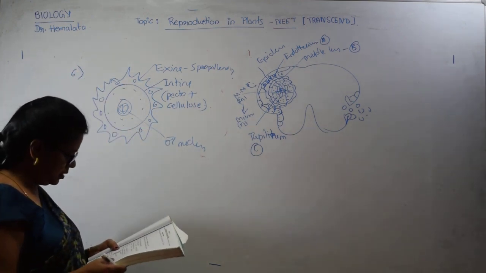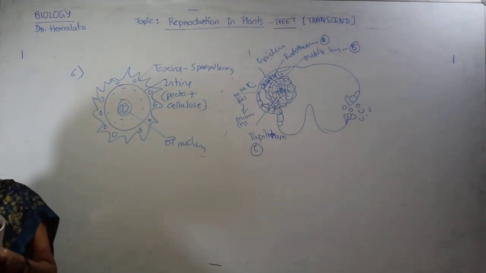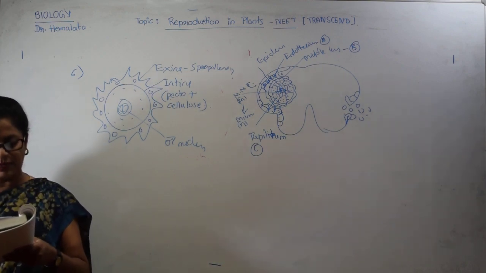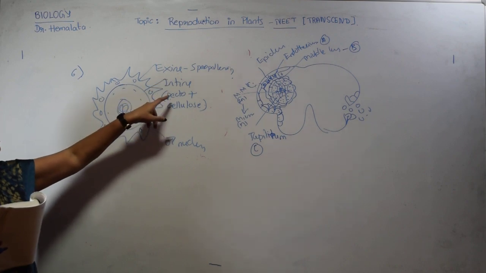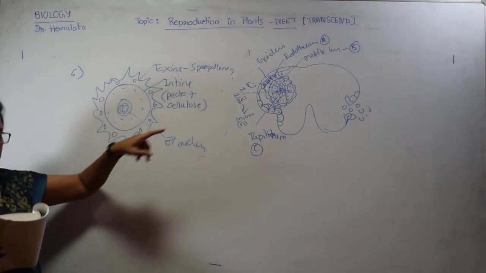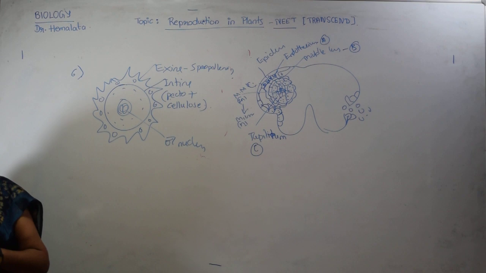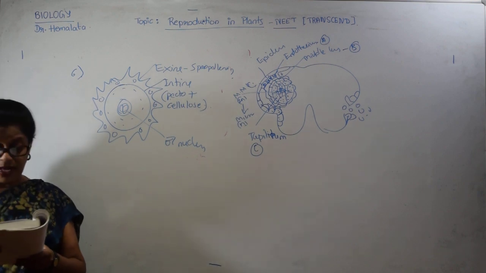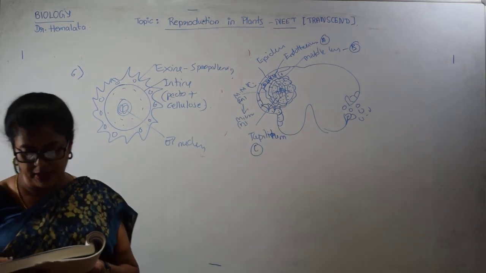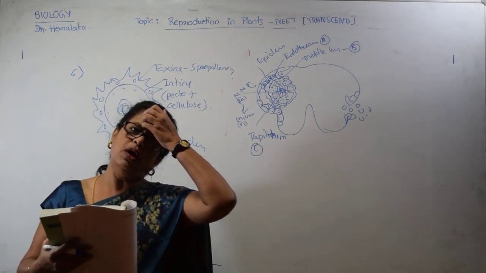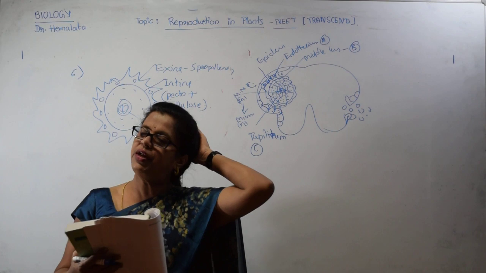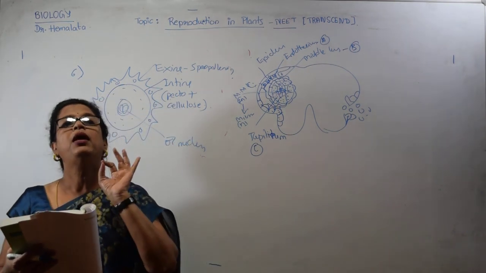The first statement is outer exine is made up of sporopollenin, and the intine is made up of pectose and cellulosic layer. Then, generative cell is bigger and contains abundant food reserves. Whenever you are understanding the subject, you should know one thing.